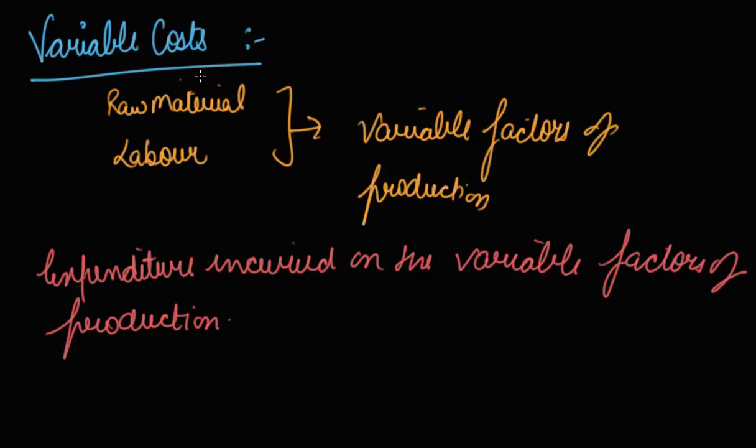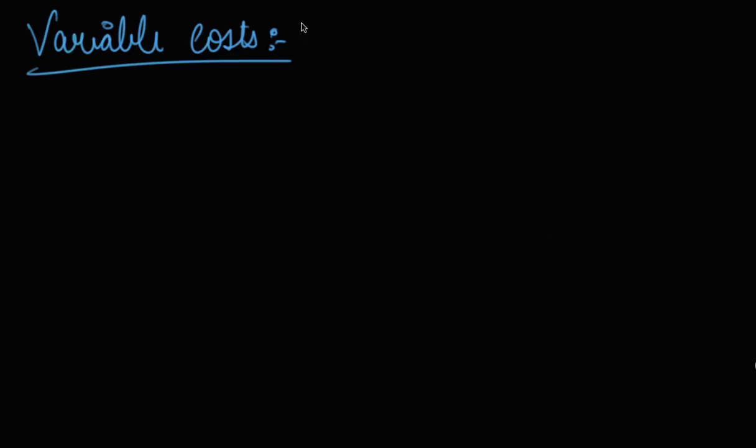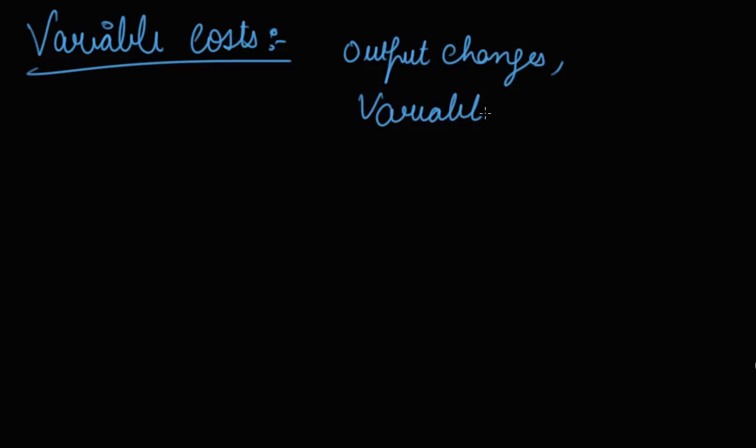See, the variable cost is also known as the prime cost or the direct cost. You also call it the direct cost or the prime cost. See, when output changes, your variable cost also changes.